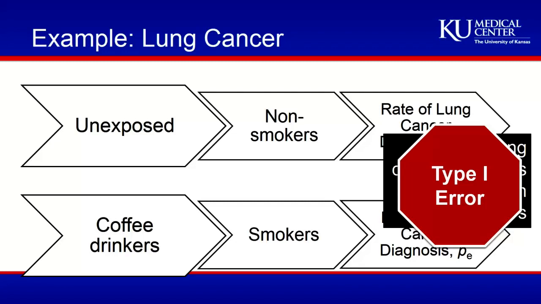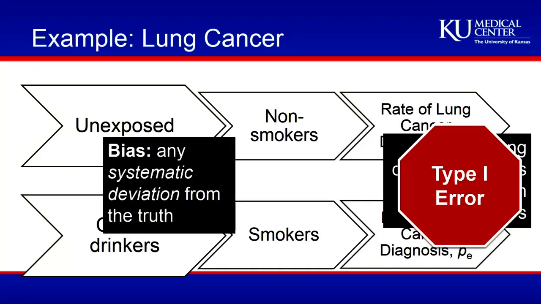We just know from the design of our study whether or not our chances of making it are high or if they're controlled. So in this case, we had a really high risk of finding a false positive association because we didn't try to account for smoking in looking at that relationship.